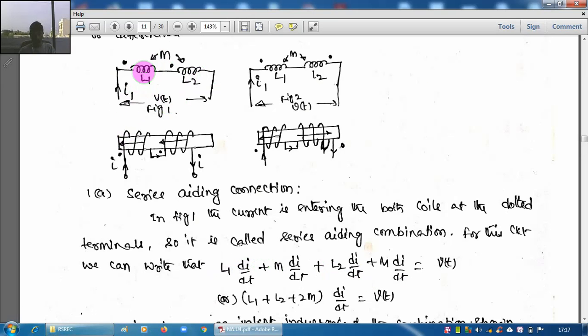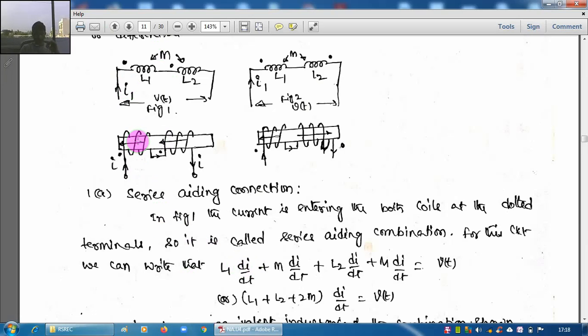First, if you see coil 1, the self EMF of coil 1 is L1 di1 by dt. The self inductance of coil 1 is L1 and the current through it is I1, so therefore L1 di1 by dt. Remember, it must be di1; it is not written here by mistake. It is very clear, the current is I1, so di1 by dt.